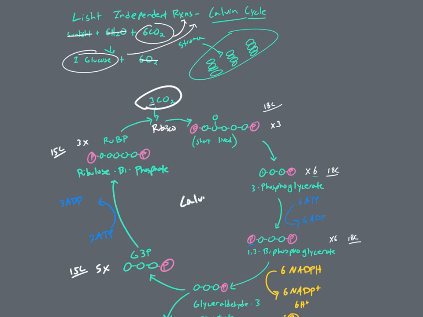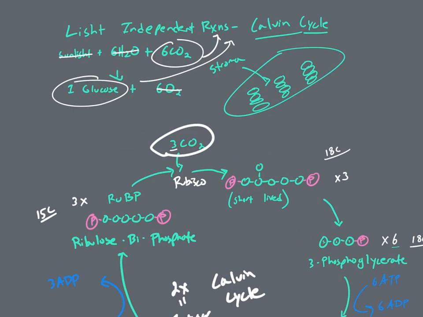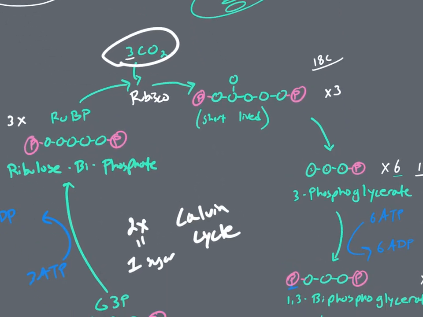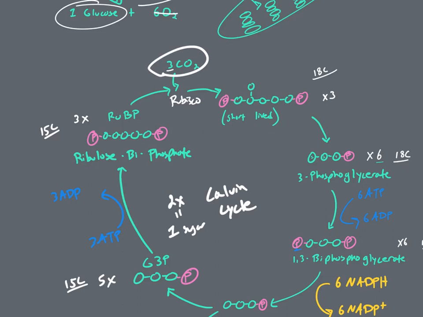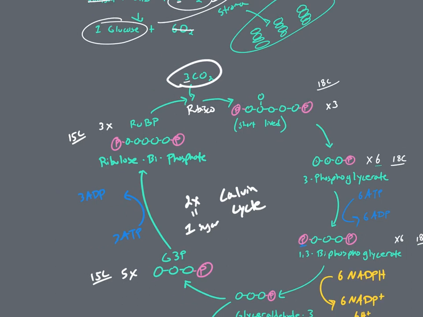So this is the Calvin cycle, and we need it 2 times equals 1 sugar. That also makes sense because our input for this process is 3 carbon dioxides. And we know from our original discussion of the inputs and outputs of photosynthesis, we have 6 carbon dioxide. So 2 times means 6 carbon dioxide are going to be used. And glucose has got 6 carbons. That's how the sugar is going to be produced.